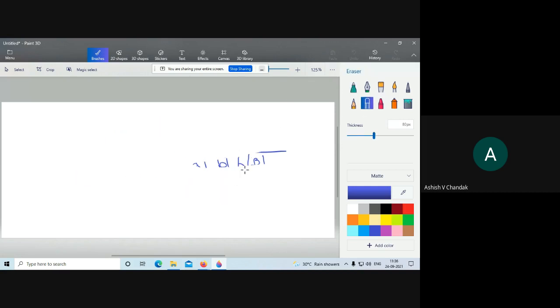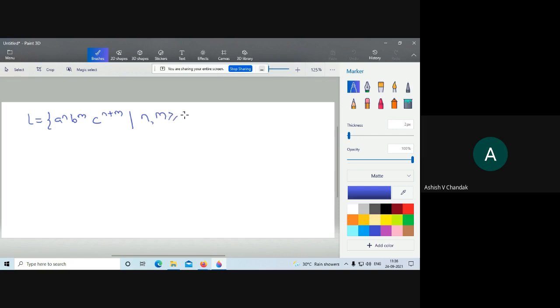Next question. Now this is a little bit different. L = {A^n B^m C^(n+m), where n and m should be greater than or equal to 1}. How will you solve this one?